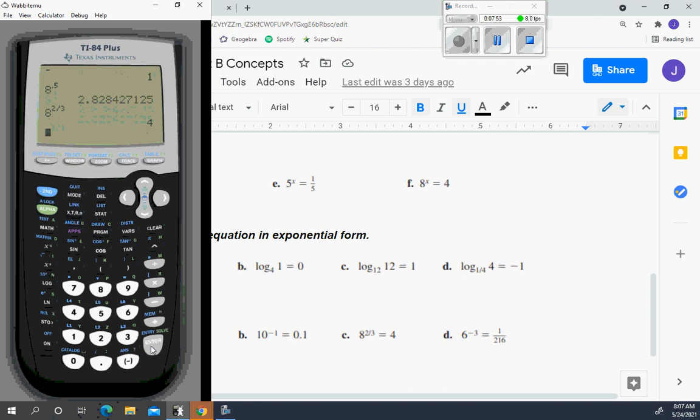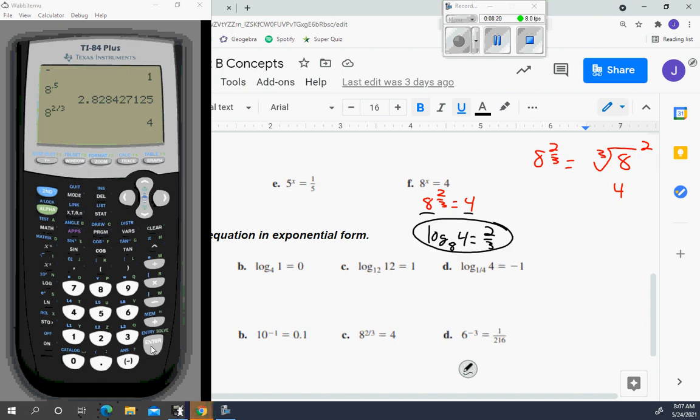Well, I know the cube root of 8 is 2, squared is 4. Right? 8 to the 2/3 equals the cube root of 8 squared, which is 4. So, I know that 8 to the 2/3 equals 4. Remember, left side, so log base 8 of 4 equals 2/3.